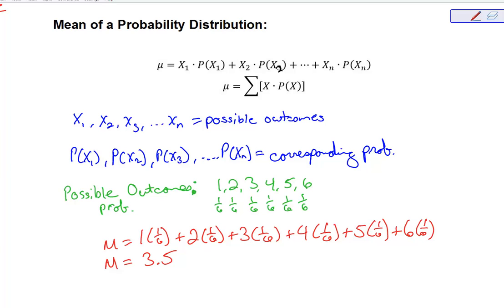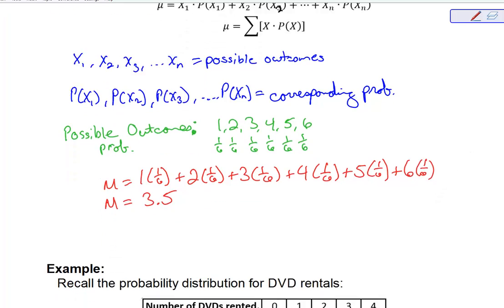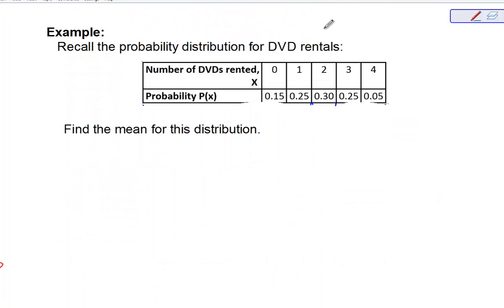Let's look at the example where we were discussing the DVD rentals prior. So here we have the number of DVDs rented, 0, 1, 2, 3, and 4, and we have their probabilities, 15 hundredths, 25 hundredths, 3 tenths, 25 hundredths, and 5 hundredths. And we want to find the mean of this distribution.